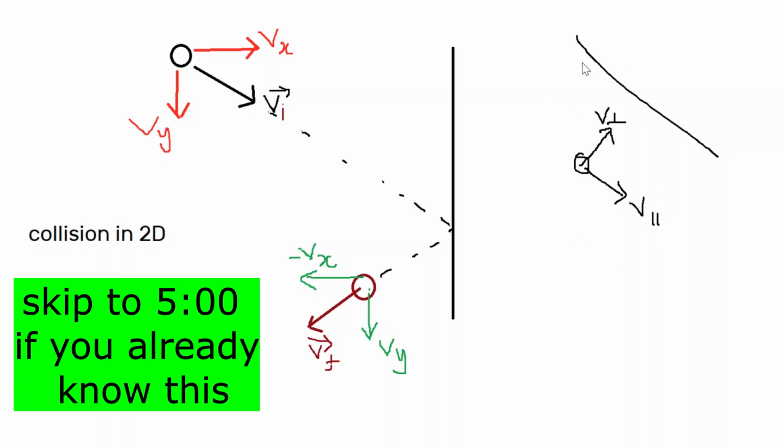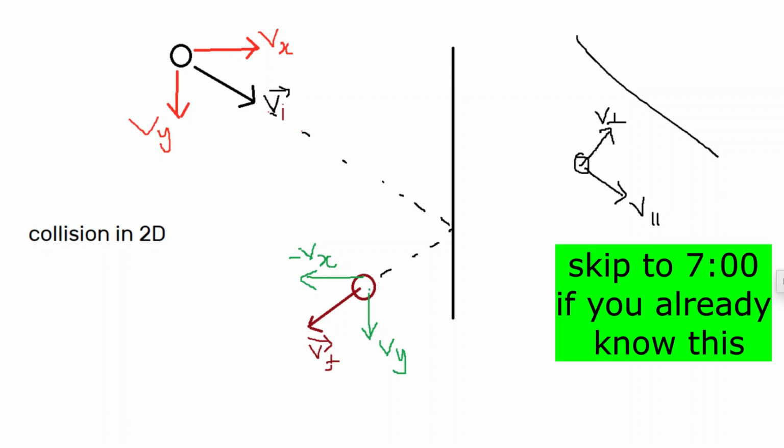Even if the wall is not vertical, what we'll do is separate the velocity of the ball into two components, one which will be perpendicular to the wall and one which will be parallel to the wall. After the ball has collided, we'll just reverse the perpendicular component, reverse its sign, and the parallel component will be unchanged, and that will be the velocity of the ball after the collision. So it'll move in accordance with that now.